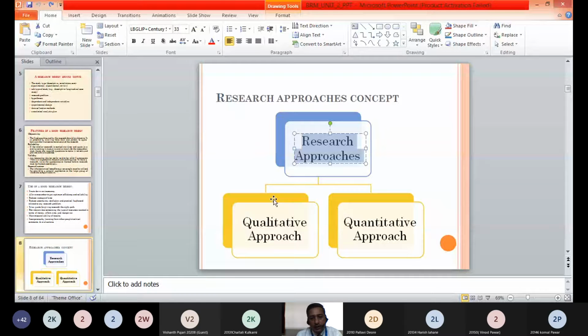So what do you understand by qualitative or quantitative? Do you get any understanding from these words, qualitative and quantitative? Anybody can try. Qualitative and quantitative. Do these words say something?